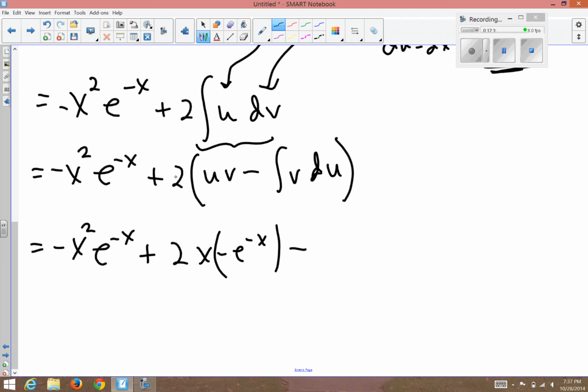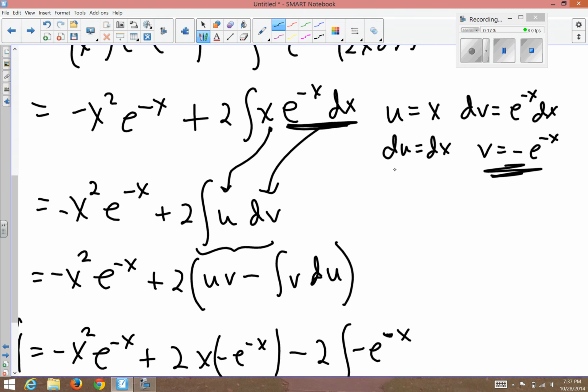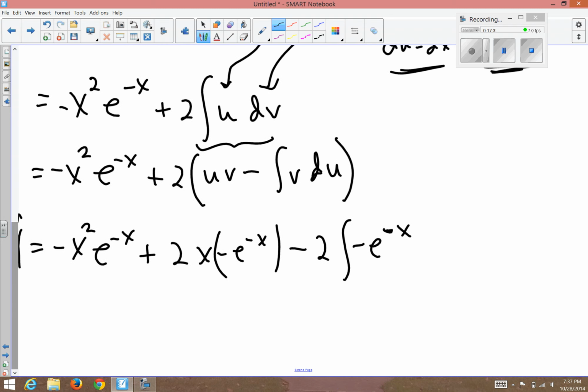We'll have another 2, distributing this 2. The integral sign. The v here is the same v that's there, so it's negative e to the negative x. But du is this now, dx. Du is dx, it's from there.